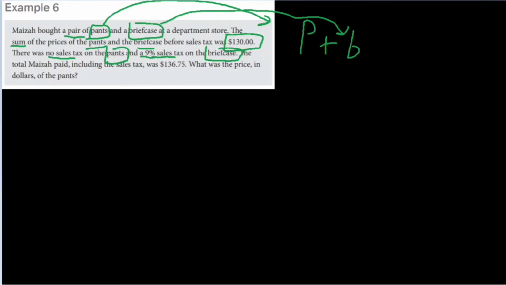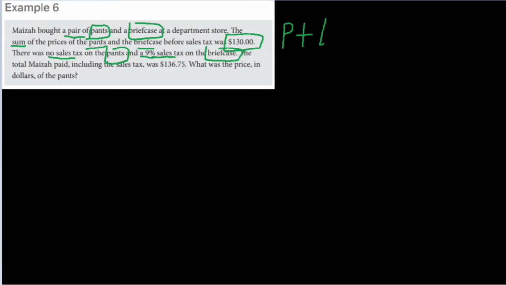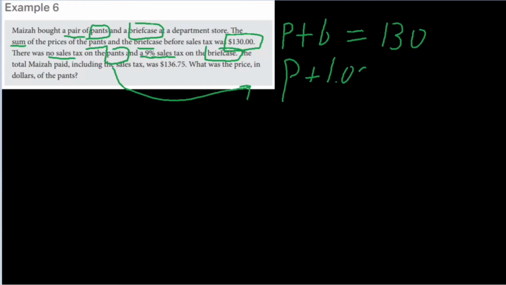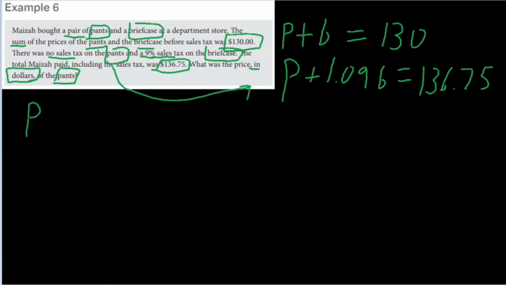So you know that P plus B is equal to 130, because the pants and the briefcase before tax total $130. And you know that when you add 9% more onto the value of the briefcase, you get to 136.75. So here you can create a system of equations. There are actually 2 methods to do this problem, but I'm going to go over the first one.